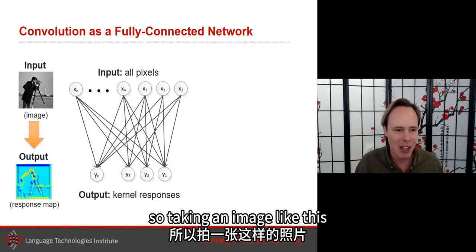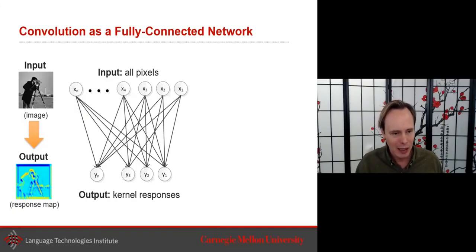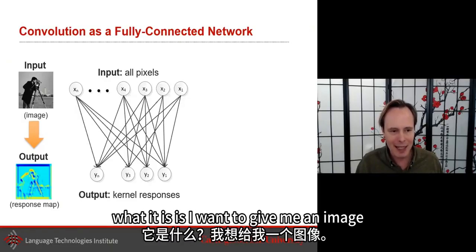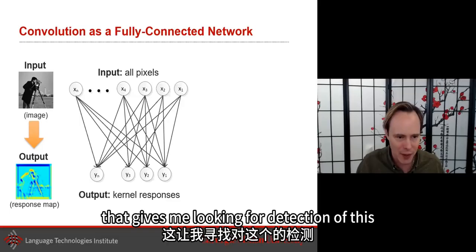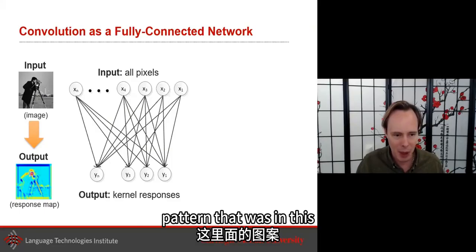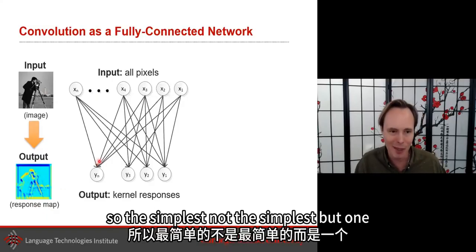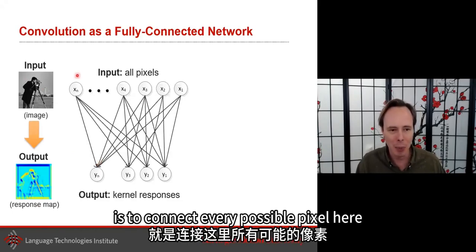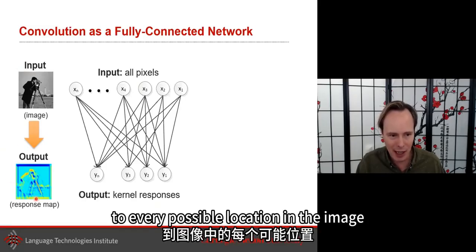Taking an image like this, if I wanted to use a fully connected neural network to learn to predict a response map, I give it an image, and I want to always get a response map that detects this exact pattern. If you remember this pattern that was in this. So I want to go from input to output. One way you could do it is to connect every possible pixel to every possible location in the image.